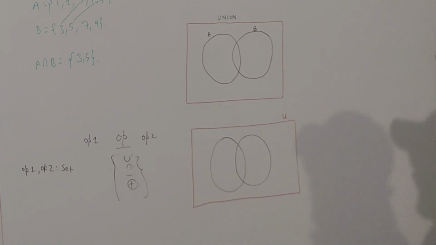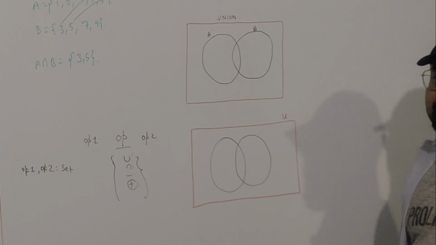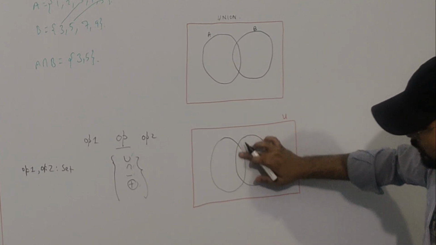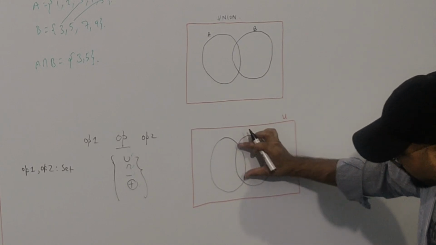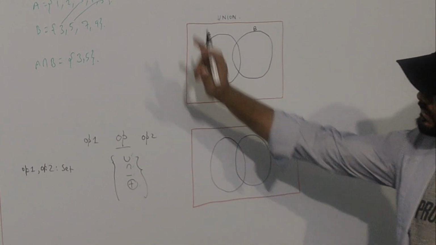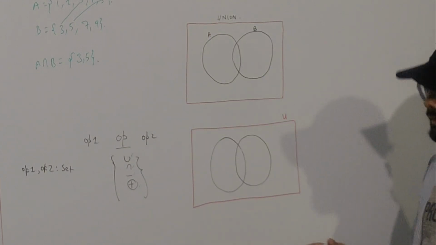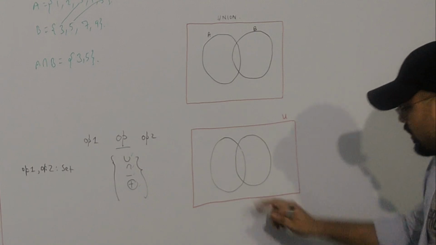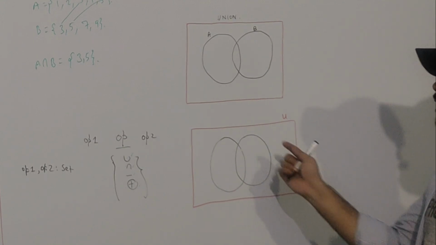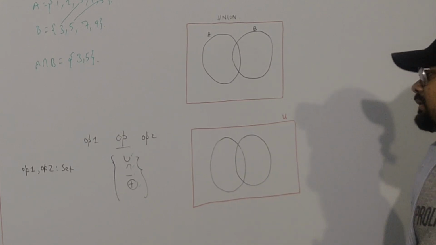You can see how many different regions are possible because of these two sets. One of the possible regions is the common portion, and to get all these elements, you have the intersection operation. Your intersection operation will return a set that has all the elements in this region. Similarly, all other set operations will give you some region from this diagram.